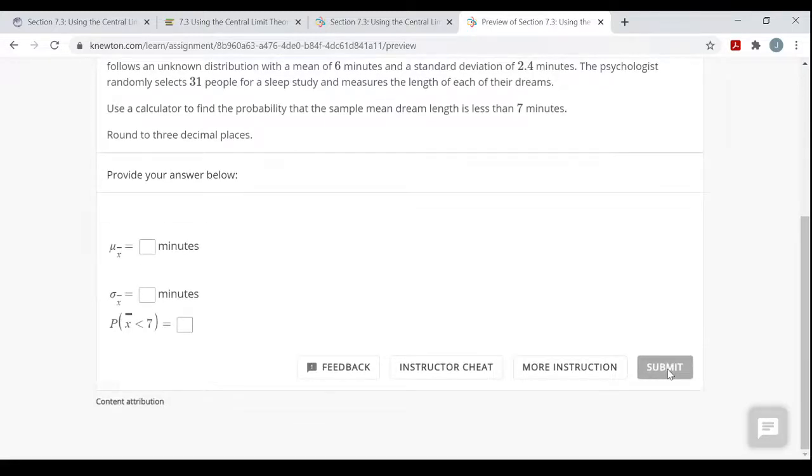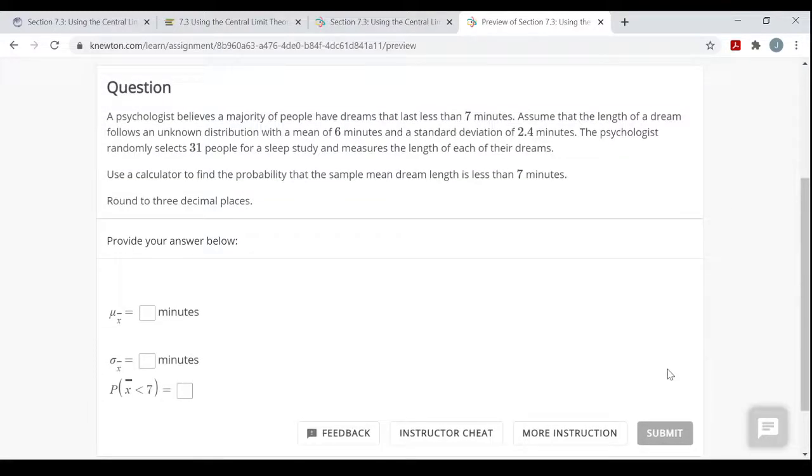This one's a little different, but pretty much the same, because here you're given an original population mean. A psychologist believes a majority of people have dreams that last less than 7 minutes. Assume that the length of a dream follows an unknown distribution.